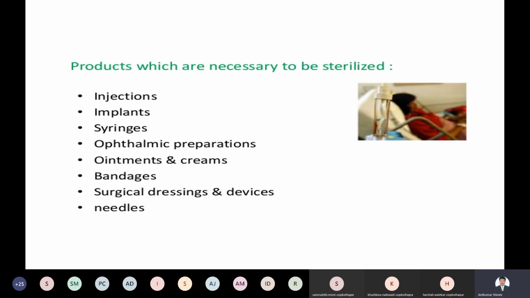Or we can prepare different saline bottles. A small water for injection bottle contains maybe not more than 10 ml. Or there are different infusions, where the capacity of the bottle may be 1 liter. Maybe a saline bottle, Ringer lactate bottle, or dextrose injection bottle, infusion bottles.